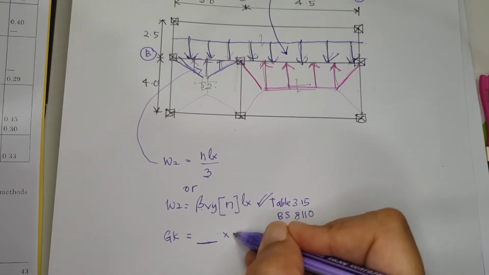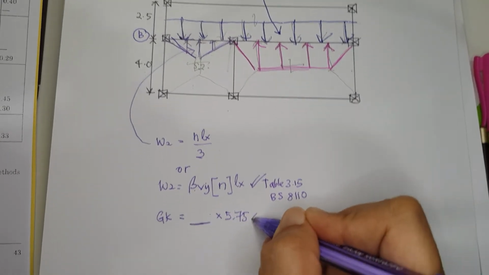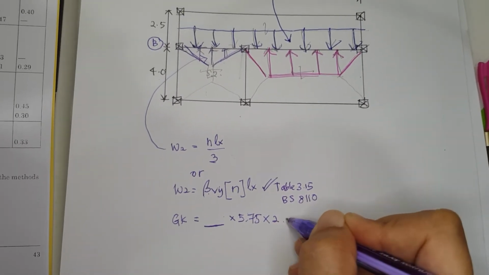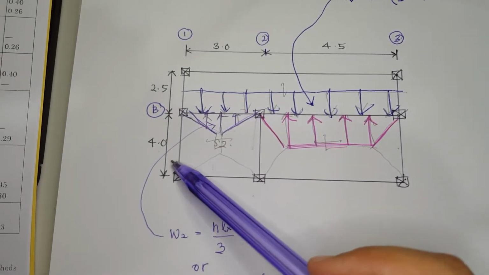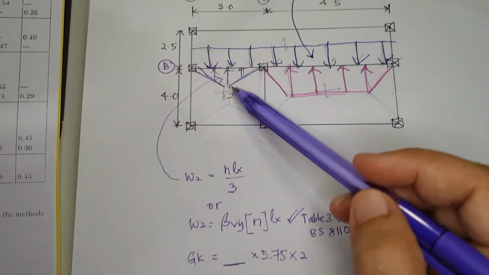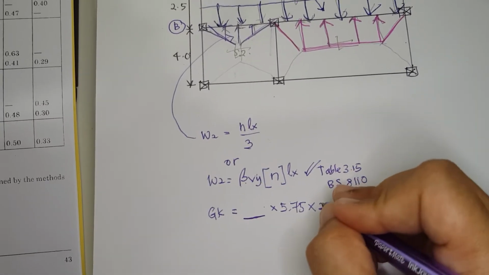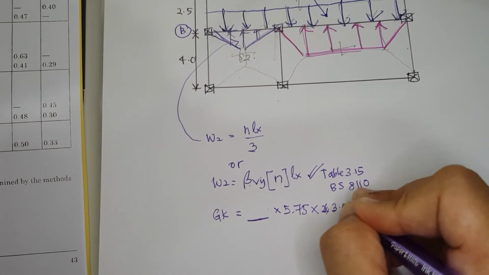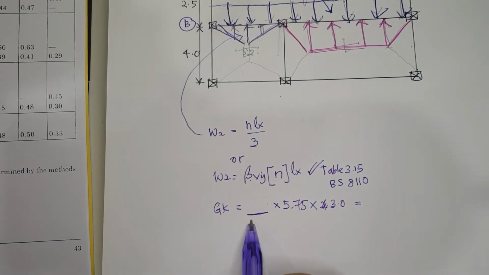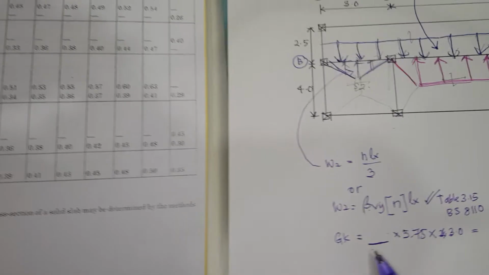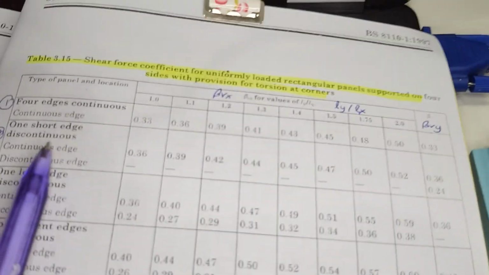So multiply with 5.75 multiplied with 2, sorry, so here is 3, here is 4, so meaning our Lx here for beam here is 3, so multiplied with 3. So our beta vy here we refer to table 3.15. So this is table 3.15 for standard BS 8110.